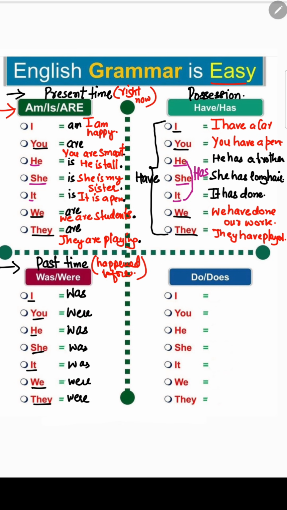In past tense, I becomes was, and all the plural subjects use were, right?